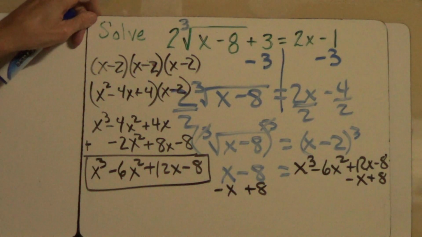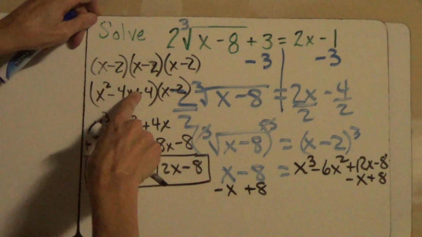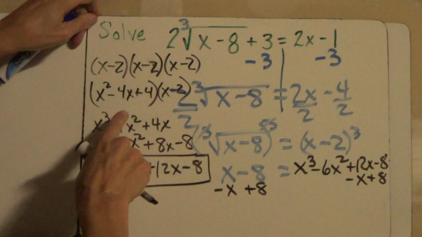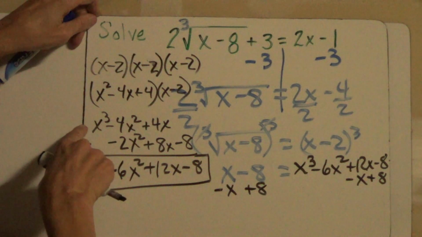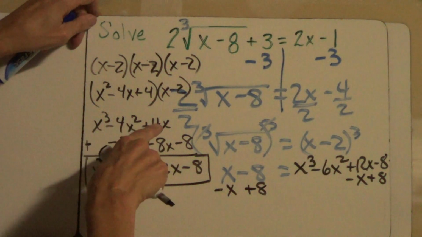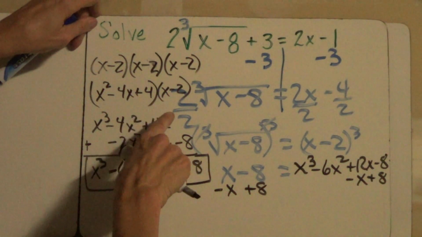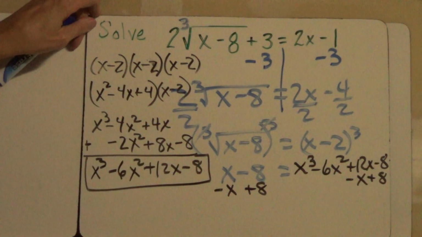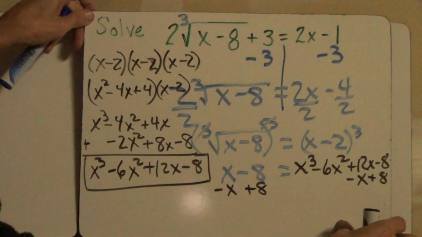X minus 2 cubed, x squared minus 4x plus 4, x minus 2, x cubed, oh, no, that's right, plus 4x. It should be factorable, and it's not, because 11 doesn't have factors.